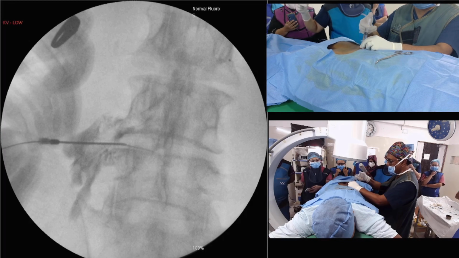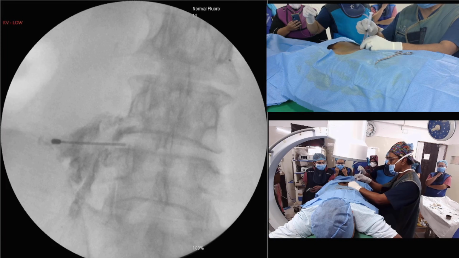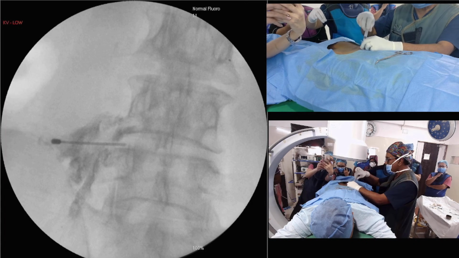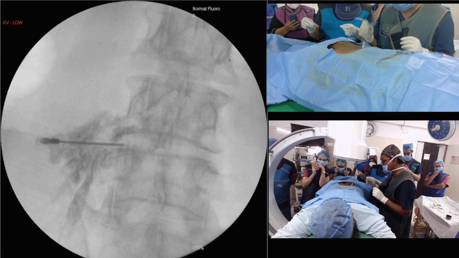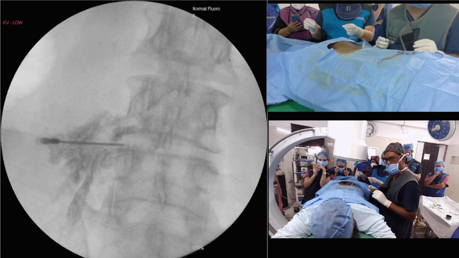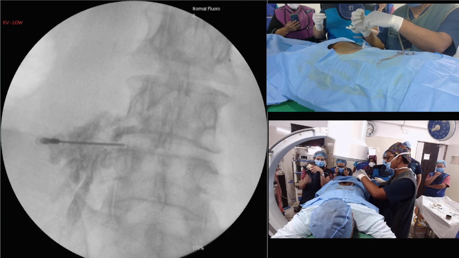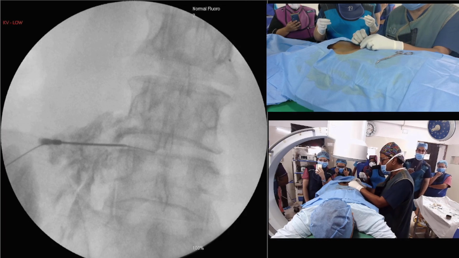Normal saline of around 10 milliliters is injected. One last time catheter is inserted and clearance is done.